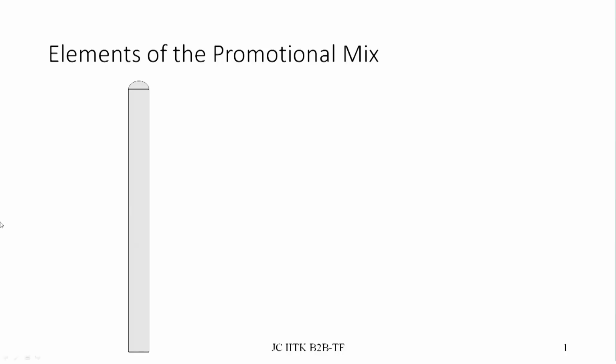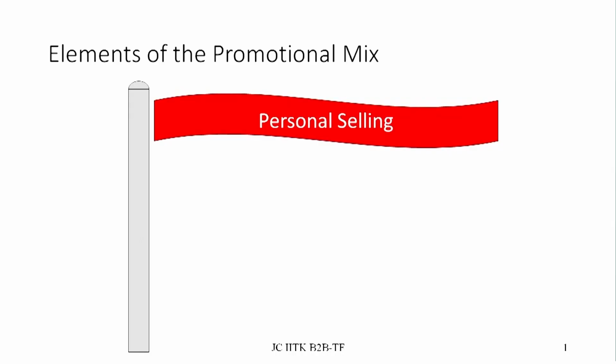So, promotion, the whole communication package to make that happen, will obviously have several constituent activities inside that overall aim. The first will be personal selling, direct selling by your experts addressing the various issues raised by the textile manufacturers.